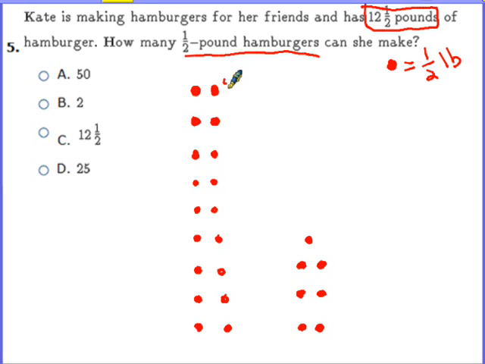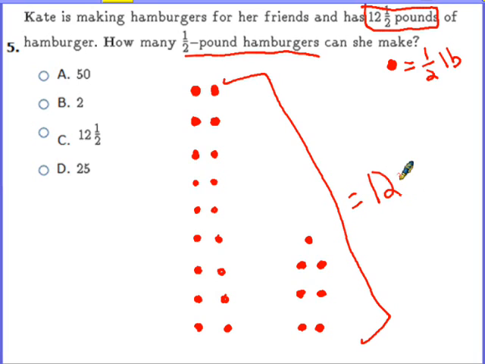So now you can see all of that equals 12.5 pounds of hamburger meat.